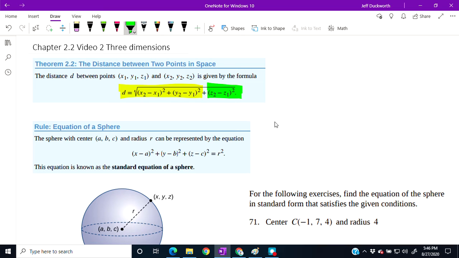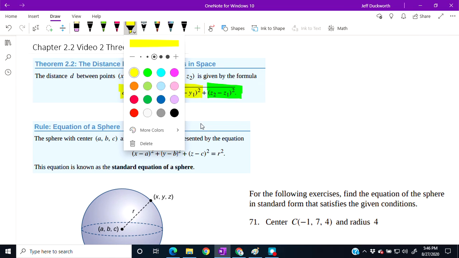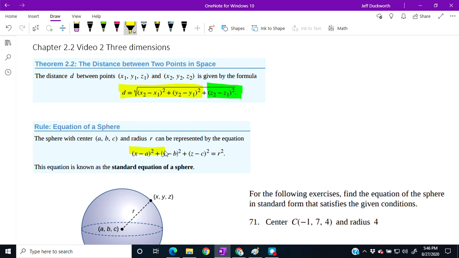All right, so down below, the equation of a sphere. The equation of a sphere should look very close to what the equation for a circle is. In fact, the equation for a circle is what I've got highlighted here in yellow.